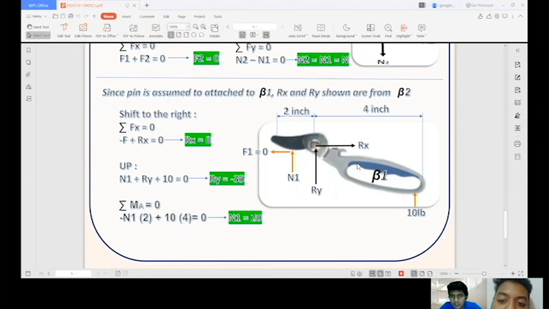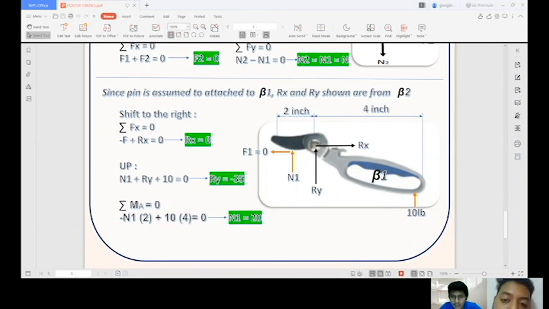From the pin to the end of the cutter, it is 4 inches long. We label the cutter with N1 and the pin as Ry and Rx, on the Y and X axis, and 10 pounds of force is acting on the end of the grip, on the end of the holder.